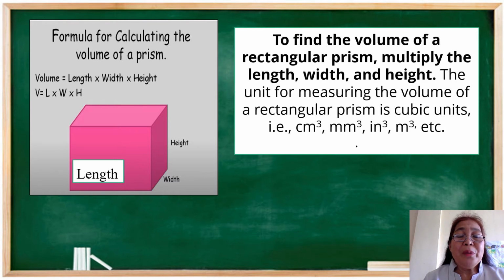To find the volume of a rectangular prism, multiply the length, the width, and the height. The unit for measuring the volume of a rectangular prism is cubic units. That is cubic centimeter, cm3, cubic millimeter, mm3, cubic inches, in3, or cubic meter, m3. There's also cubic dm or cubic decimeter.